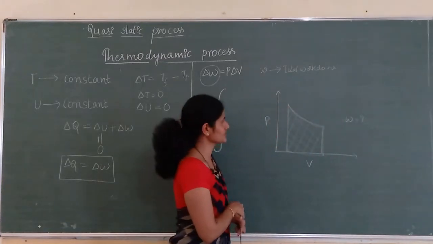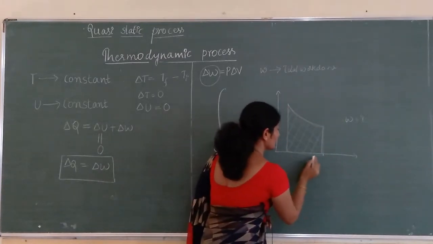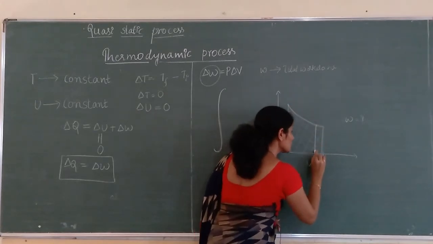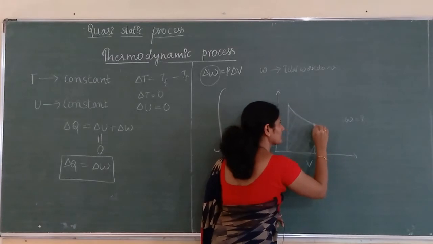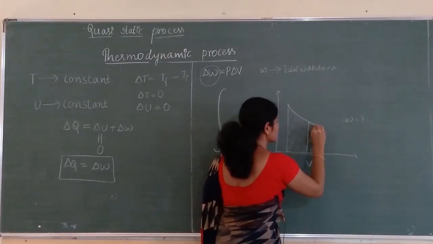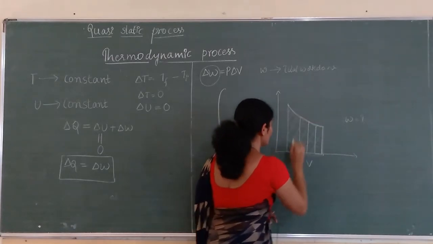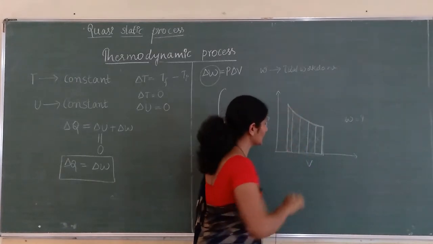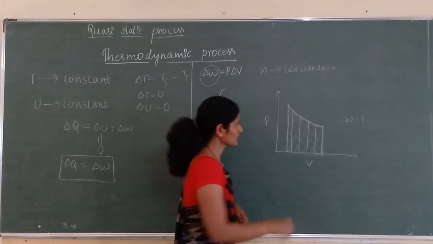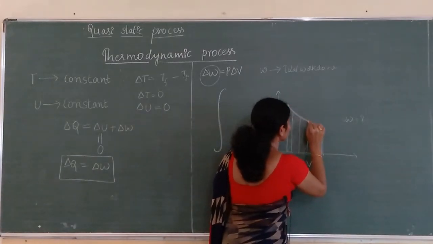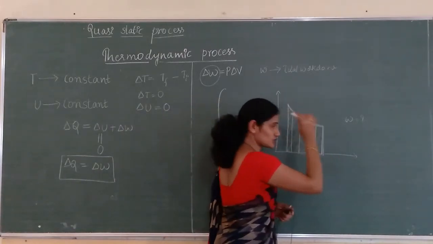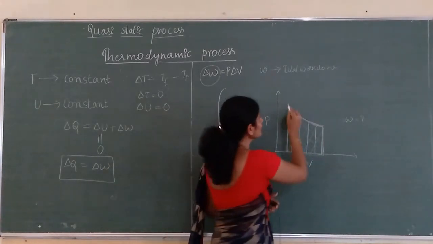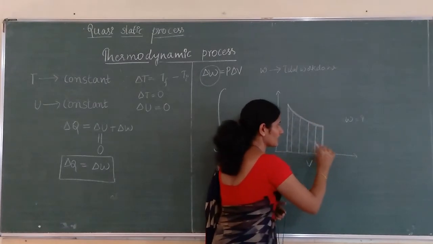How to calculate this? What we have to do is, we have to divide this area into smaller parts. I will divide this area into smaller parts, then I will calculate the total work done. Here the graph is like this, so it is not possible to apply formula for the triangle.